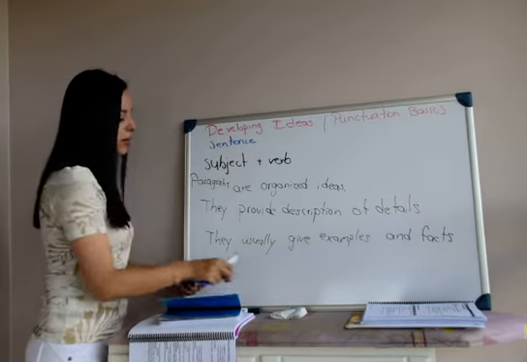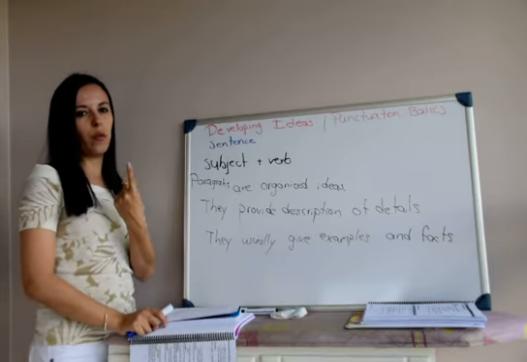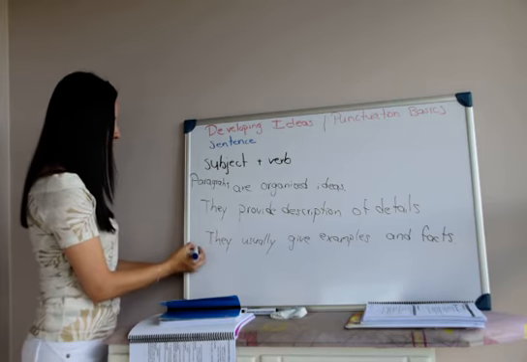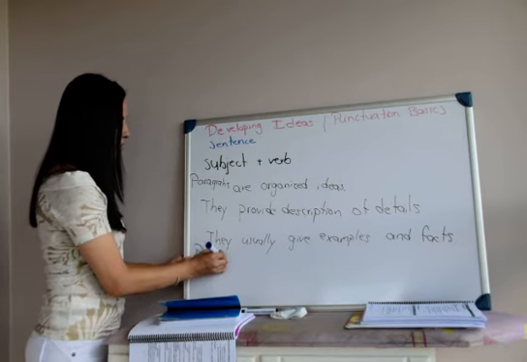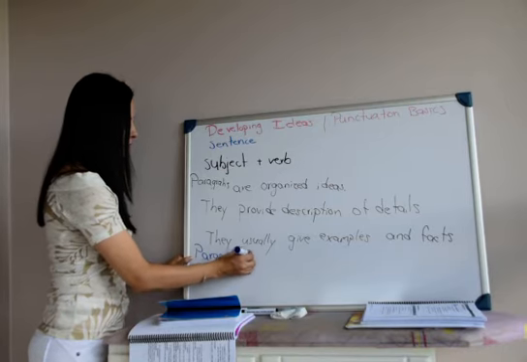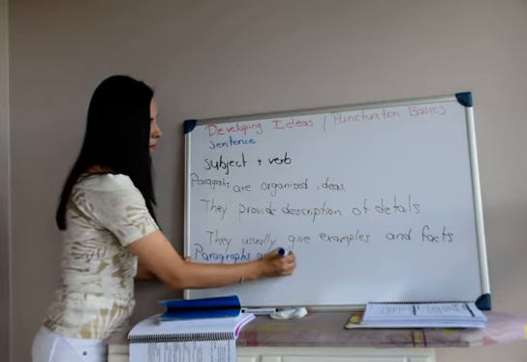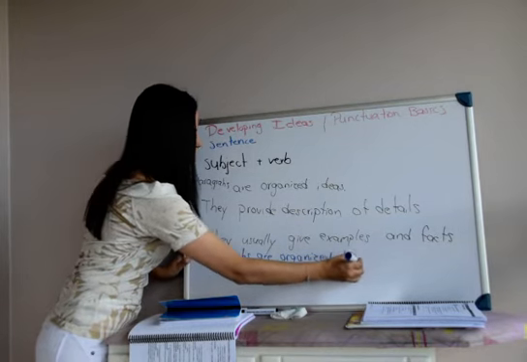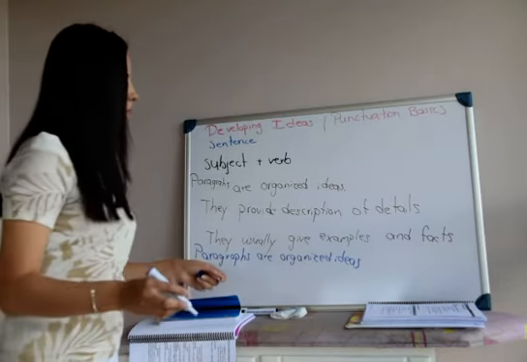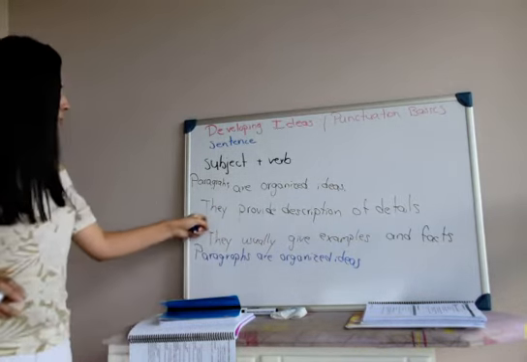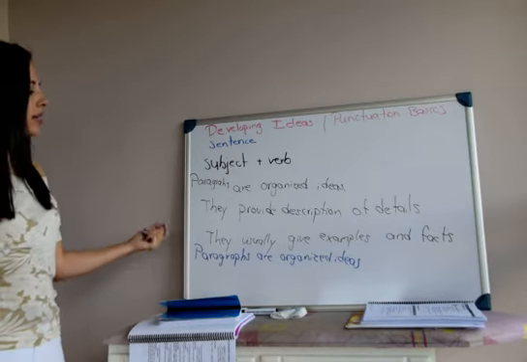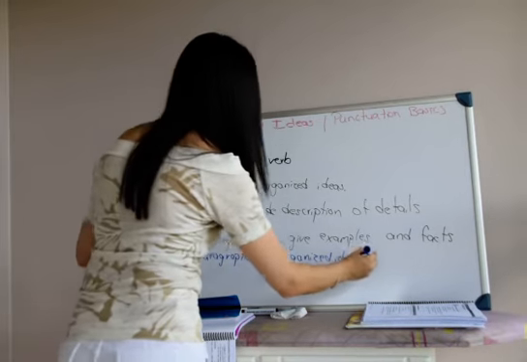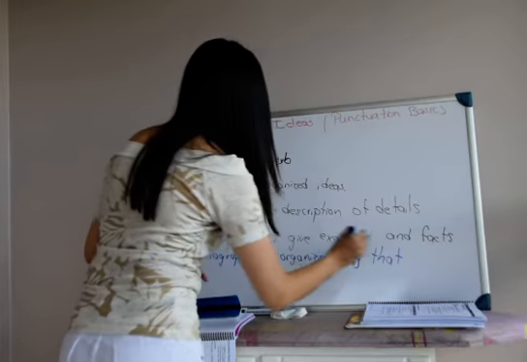So how can we develop all these ideas in one cohesive sentence? We can say, you start saying, paragraphs are organized ideas. Okay? Instead of saying they provide description of details, we can join that using the subordinating conjunction that.